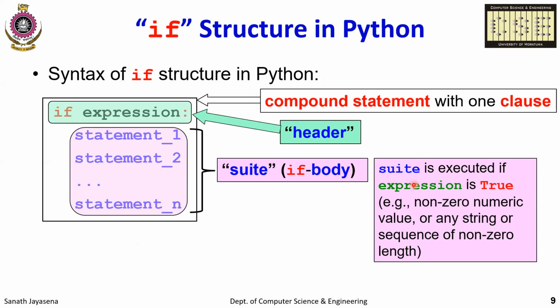So what are those values? Any non-zero numeric value. If this expression results in a Boolean value which is true, then this gets executed. Otherwise, if this expression results in a number, an integer, a floating point, or a complex number, which is non-zero, then again this is considered true.